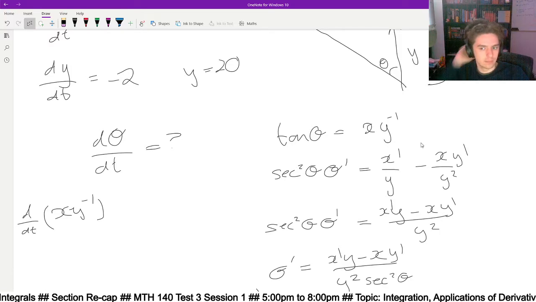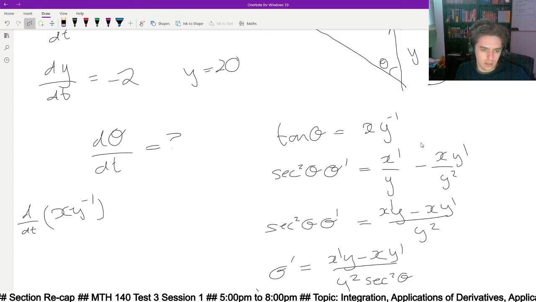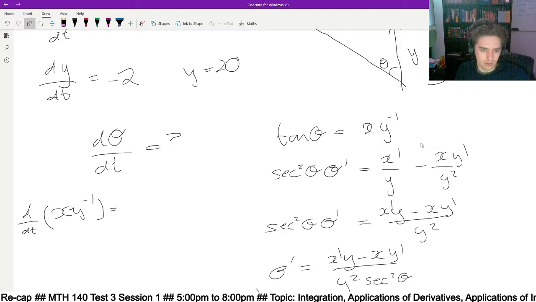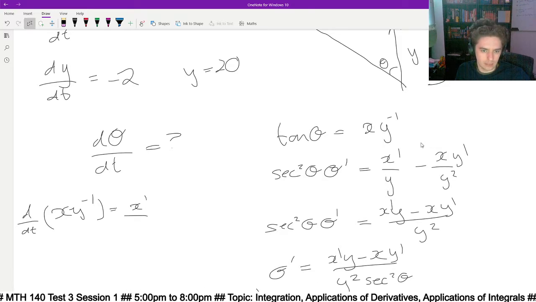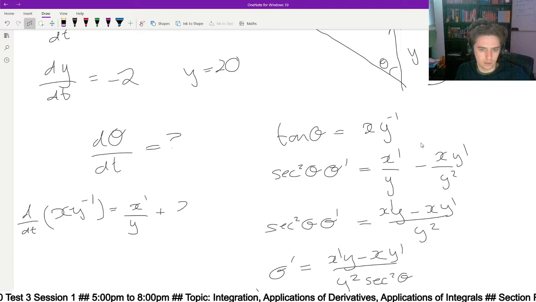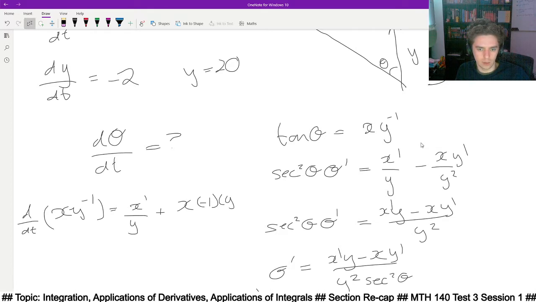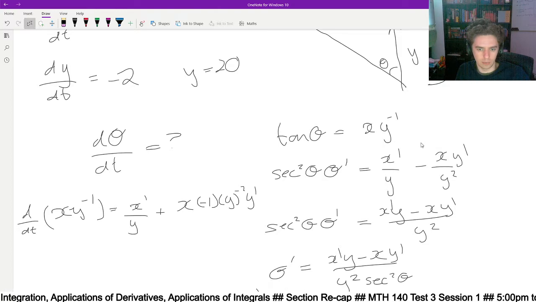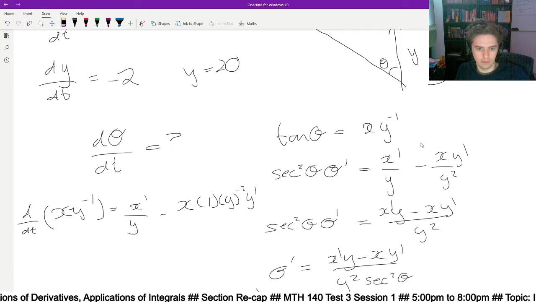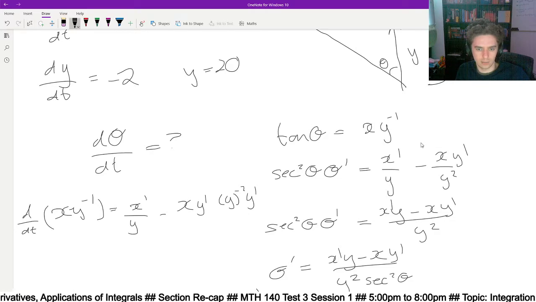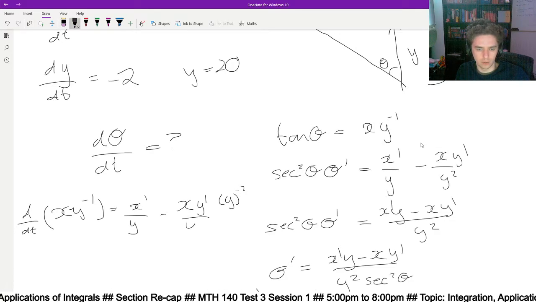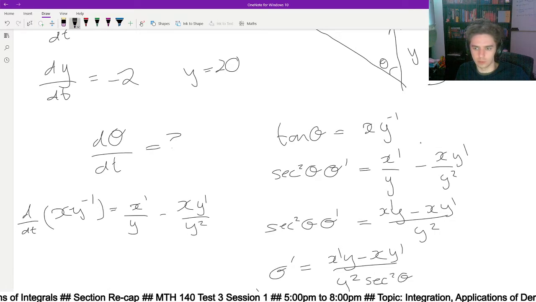Okay. So the derivative of this is going to be the derivative of the first one times the second one plus the first one times the derivative of the second one. So the derivative of y to the negative 1 is negative 1 times y to the negative 2 times y prime. So that's negative x y prime over y squared, which is what I wrote here.